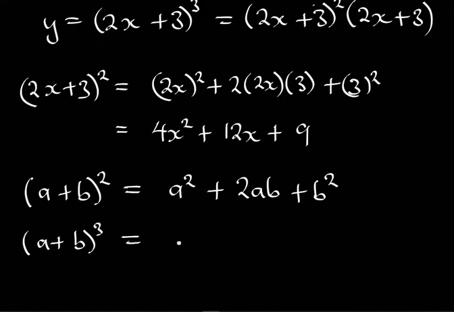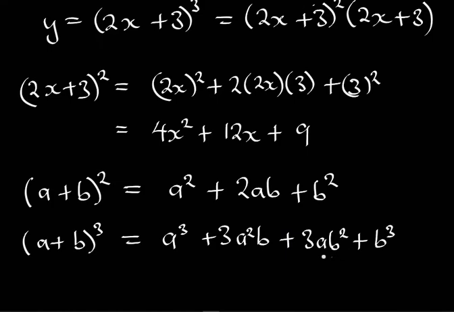I would do the same actually if I have the cube. I could do it right from the start. The formula for this one is a to the power 3 plus 3a squared b plus 3a b squared plus b to the power 3.